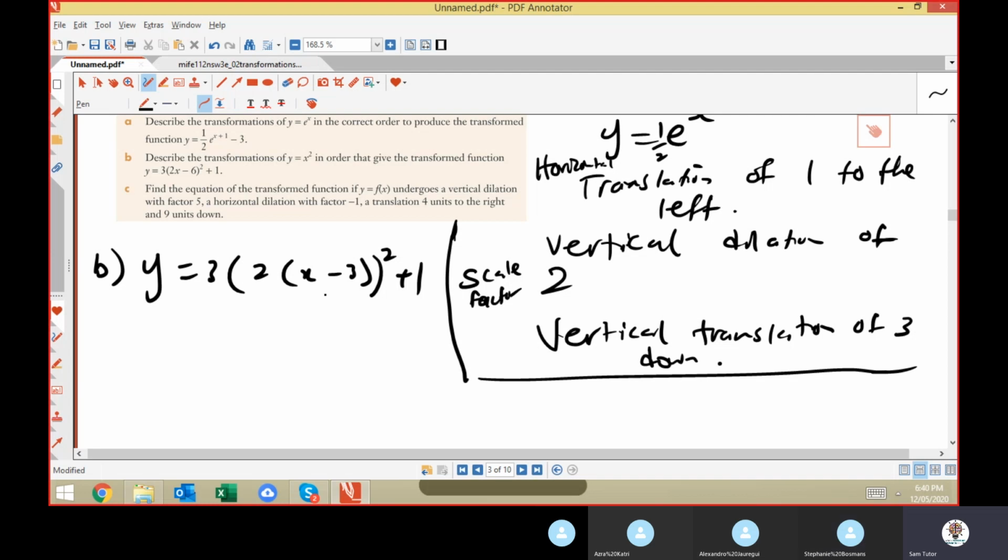What I'm thinking is the first thing to do for y equals x squared is that y equals x squared has to become y equals 2x squared. And it's going to become y equals 2 bracket x is going to be shifted.